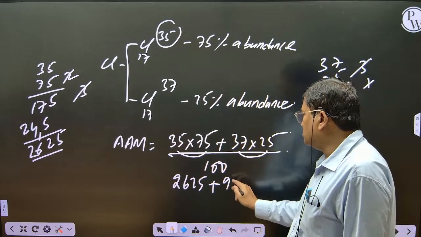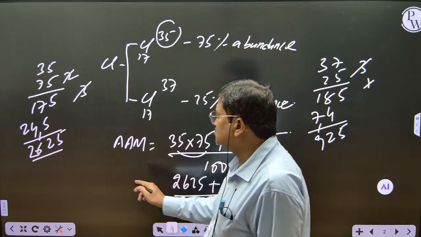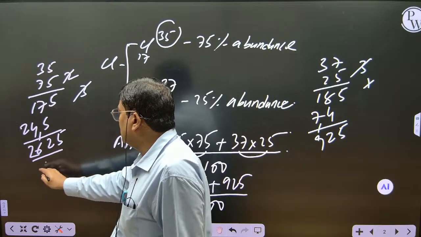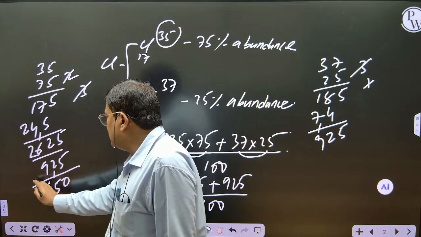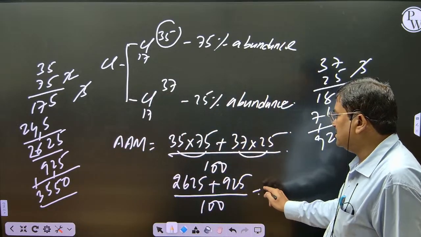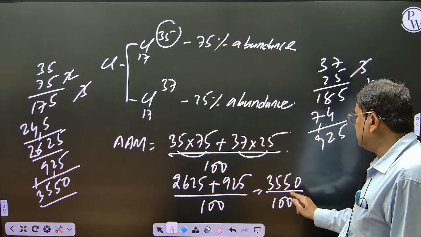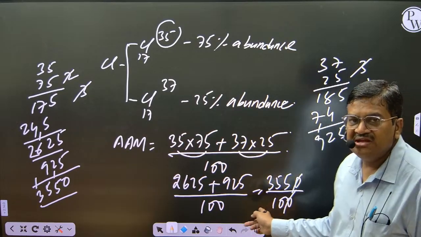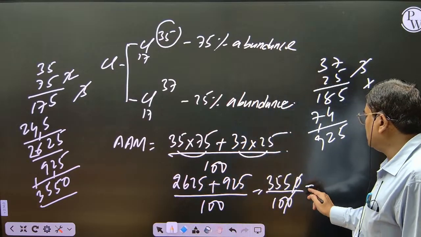So when you add both, 2625 plus 925 comes to 3550. When we divide with 100, the zeros cancel. That is 355 upon 10, which comes to 35.5. See, do we get a fraction or not?